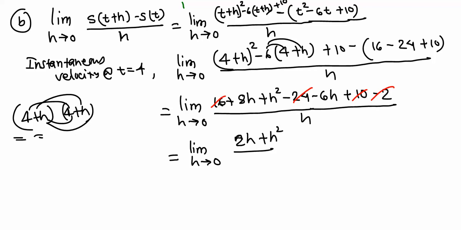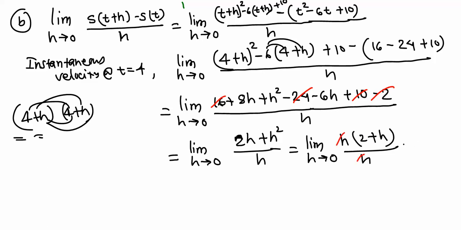Okay, this is over h. Now to cancel h we need to factor on the top. So h out, 2 plus h over h. Now we can cancel h from top and bottom and evaluate this limit. So replace h by 0. So 2 plus 0, just 2. So this is the instantaneous velocity when t equals 4. So this is velocity, so meters per second. Final.